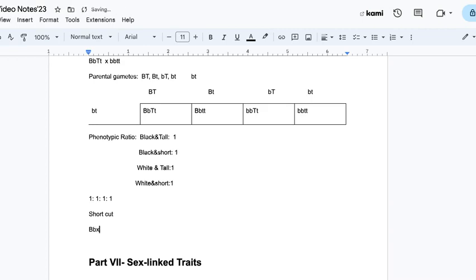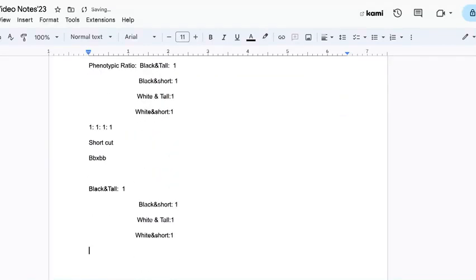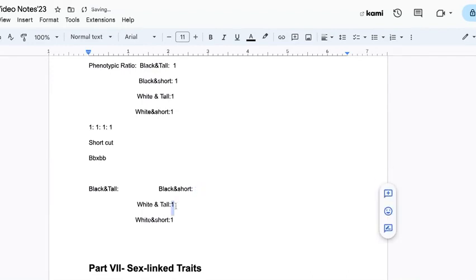Okay, so it's big B, little b, crossed with little b. What are their chances of getting these same phenotypes? Okay, so I'm going to prove to you that we get the same thing. I'm going to delete my numbers here, we'll go back over it and show you that you do get the same answer.